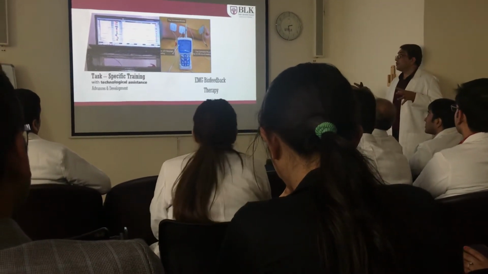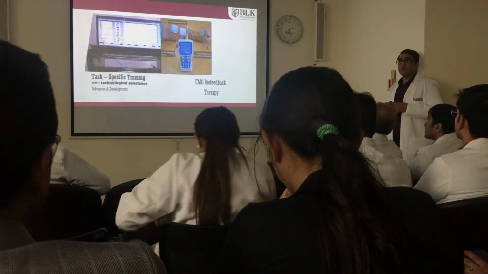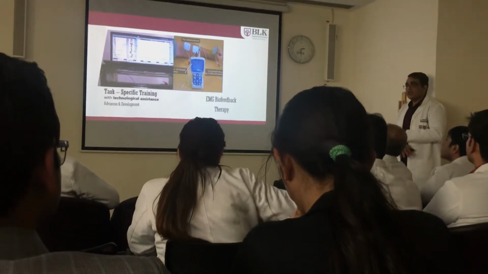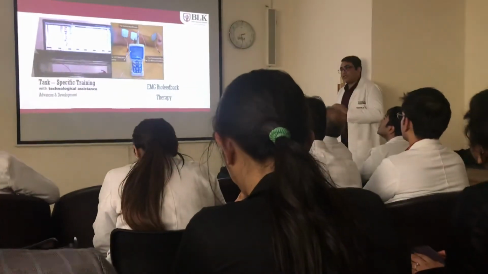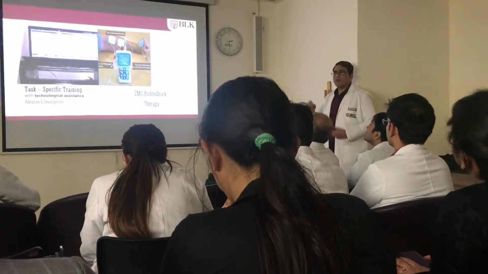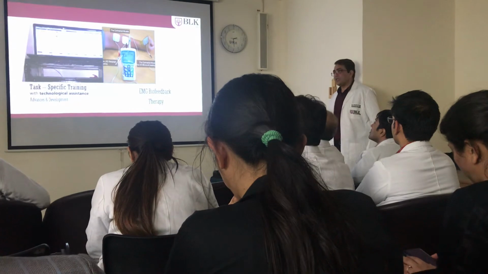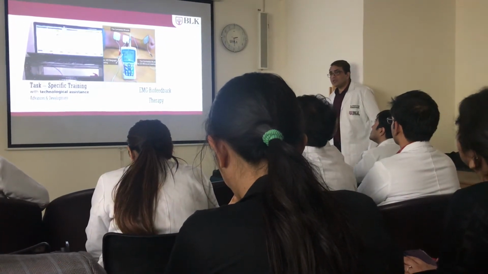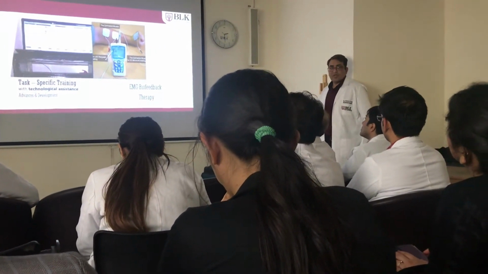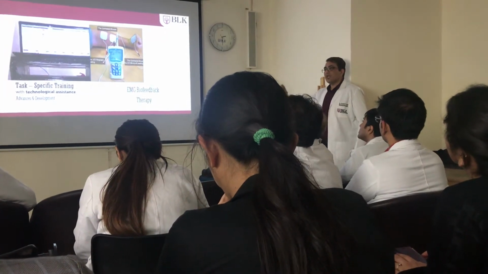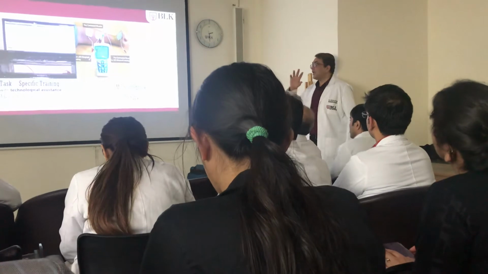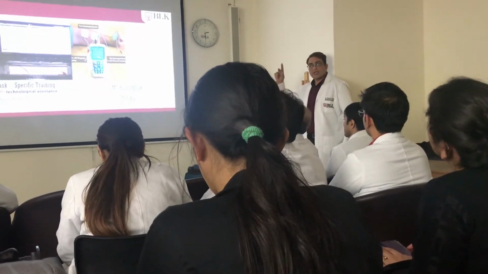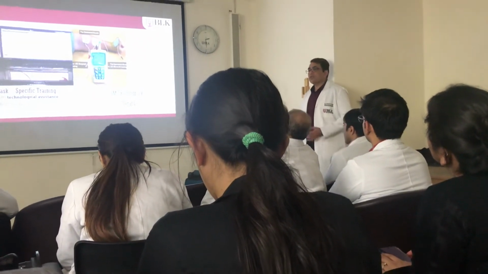So in this EMG biofeedback, what we do is put surface electrodes on the weak muscles, and even if the patient has a very flicker of contraction in that muscle, which is not causing the limb to move, the potential can be picked up with this electrode and amplified, and shown in the form of a graph or some activity on the screen.